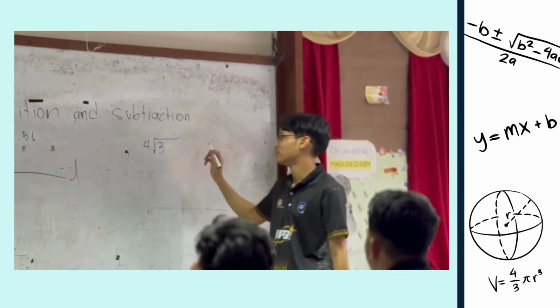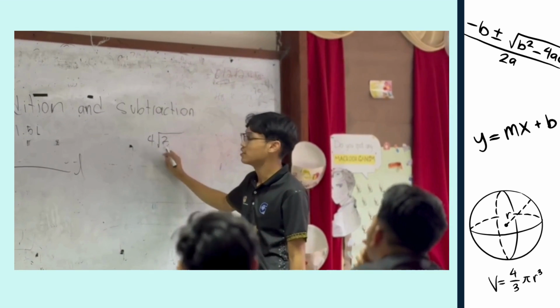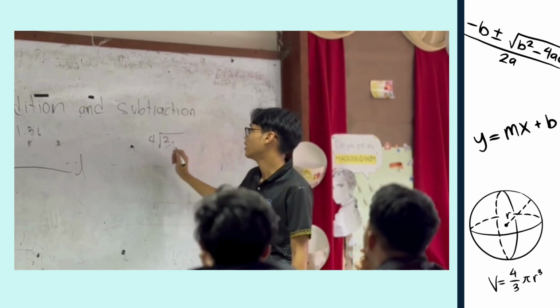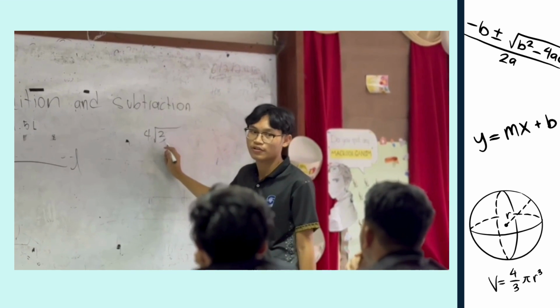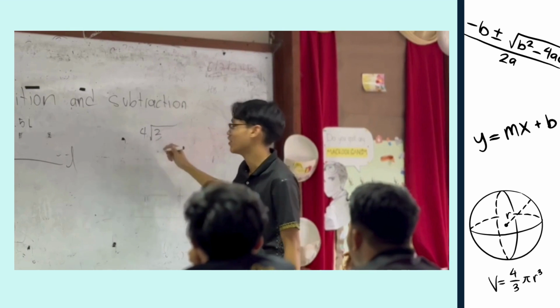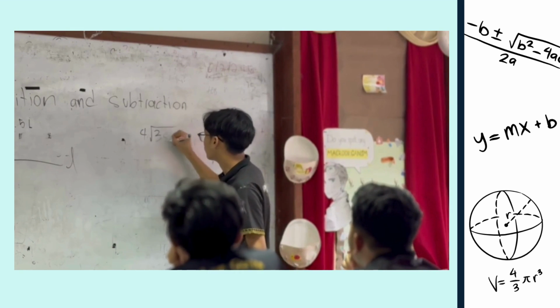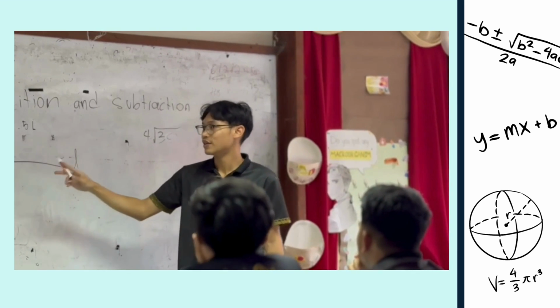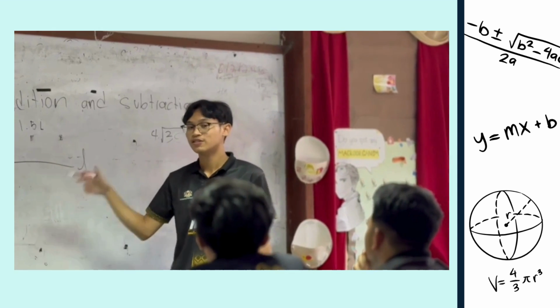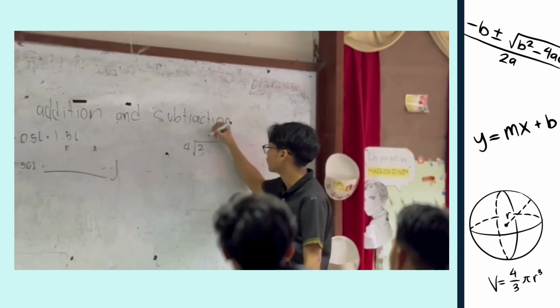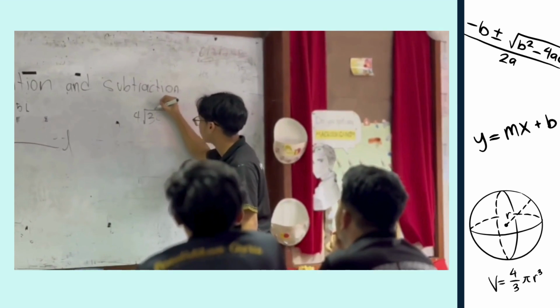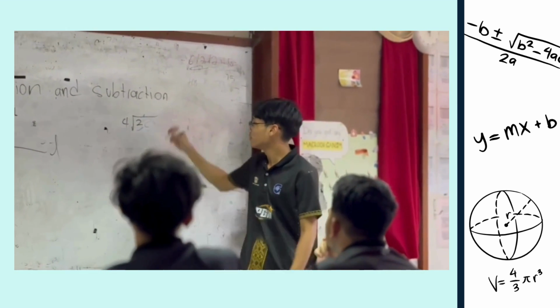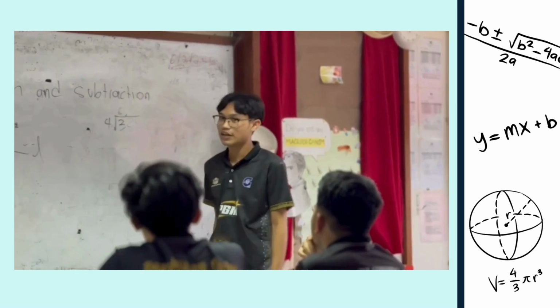First we need to divide this equation, 3 divided by 4. So we put 0, then the point.